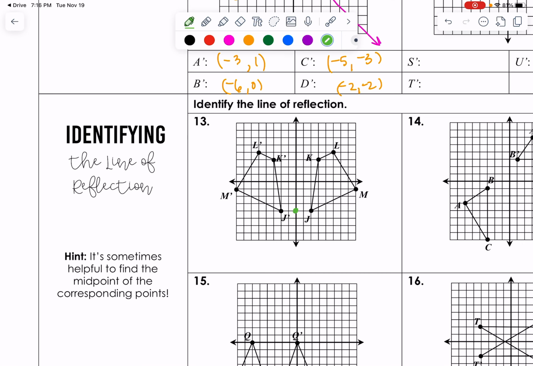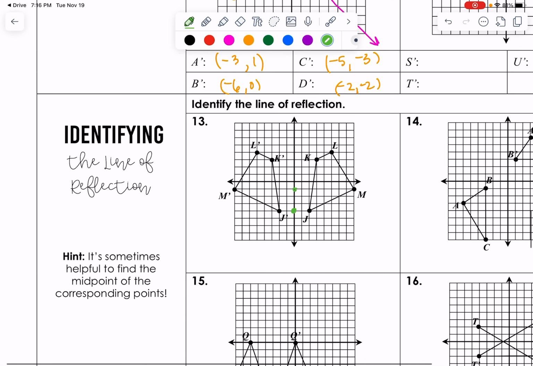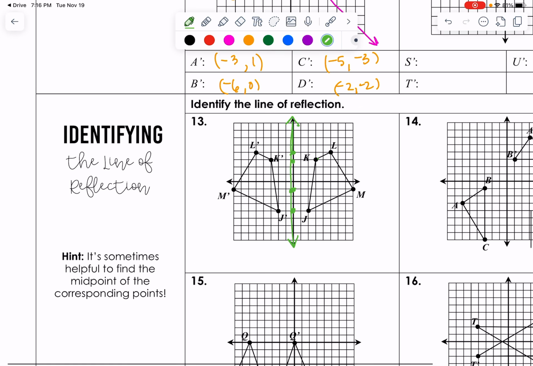M and M prime are both 8, so we go back to 0. K are both positive and negative 3, and L positive and negative 5. So obviously, as we look at this, the line of reflection is the y-axis.